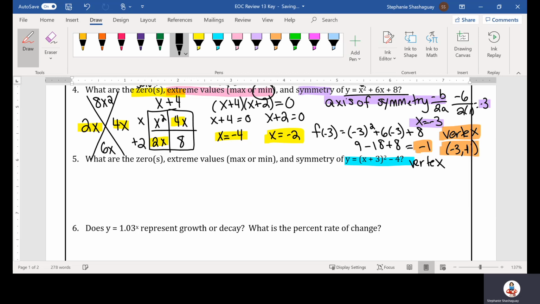And because it's in vertex form, and I know that this is h, and this is k, and my h is going to be the opposite, I know that my vertex is going to be -3, -4. Because my a term is positive, I know that I'm going to be opening up. So my minimum value is at -3, -4.